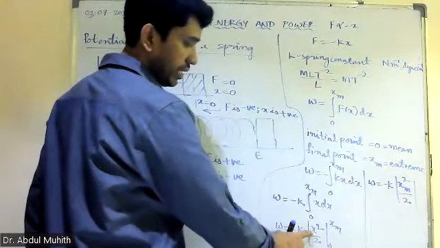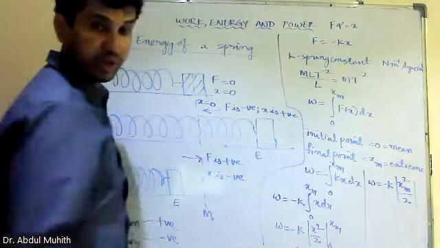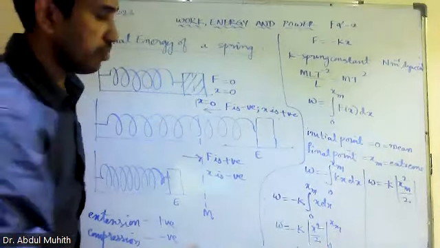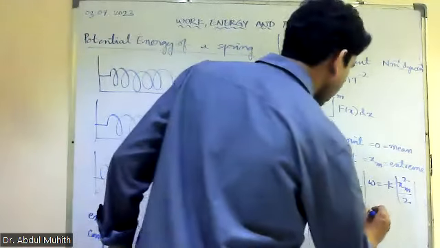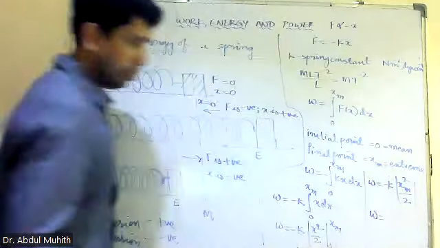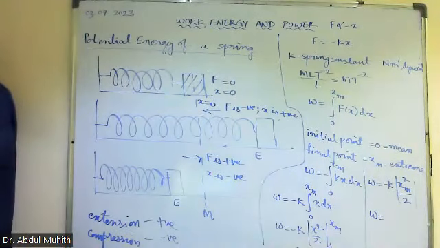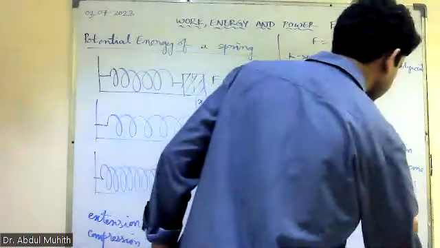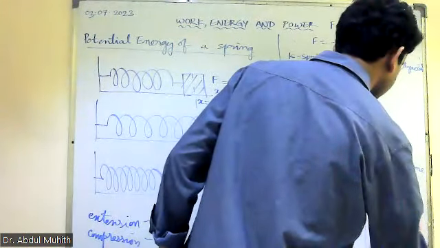Wherever there is x, you write xm. So W equals minus k into xm square by 2.